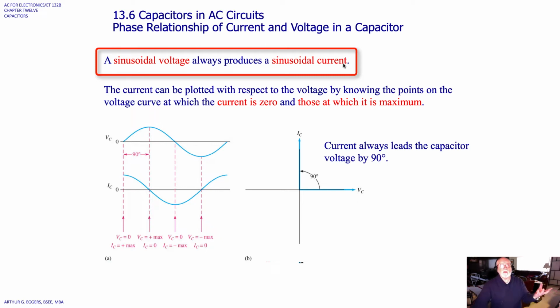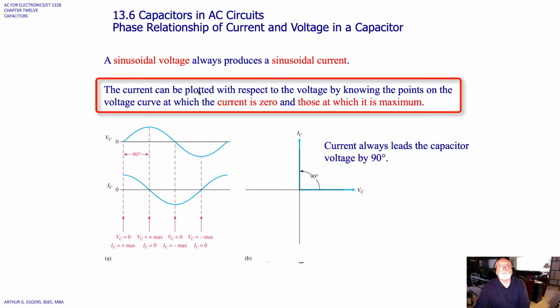You'll get one waveform that's AC voltage. You'll get another that is AC current. Although the term AC says alternating current, it's a sinusoidal voltage and a sinusoidal current. The current then can be plotted with respect to the voltage by knowing the points on the voltage curve at which the current is 0 and those at which it is maximum.